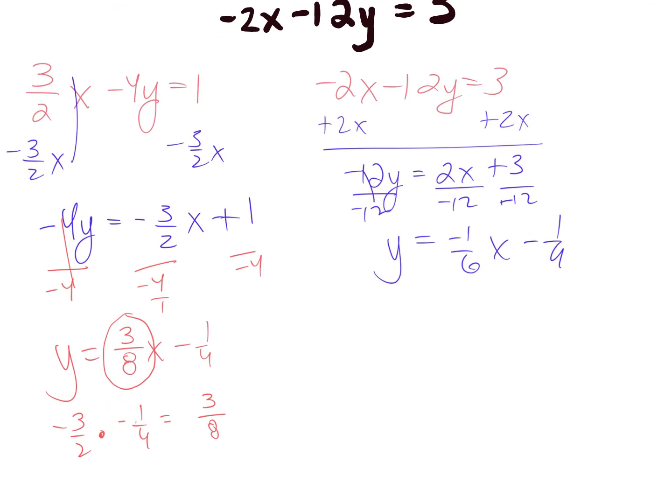What is the only thing that matters? The slopes. Notice how both of the intercepts are the same. Does that matter? No. The only thing that matters is the slope. Are those two numbers exactly the same? No. Are they opposite reciprocals of each other? No. So this would be neither.